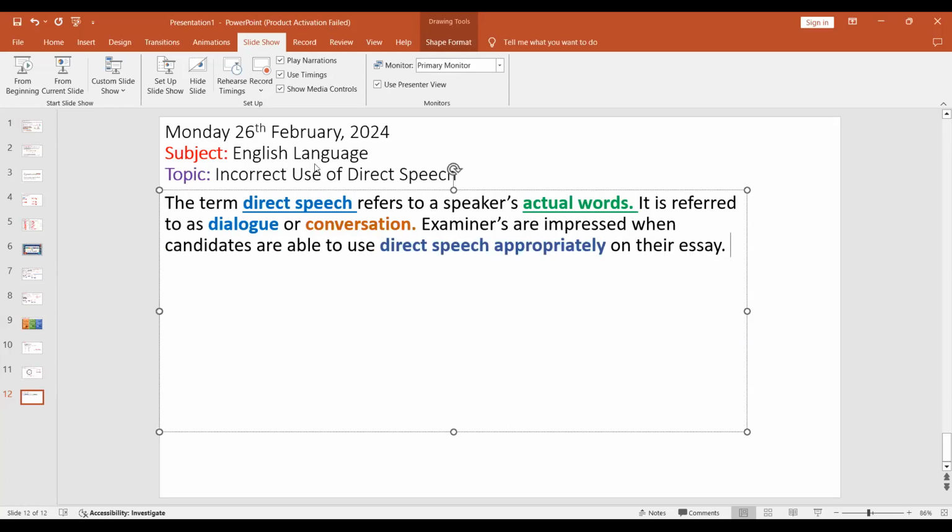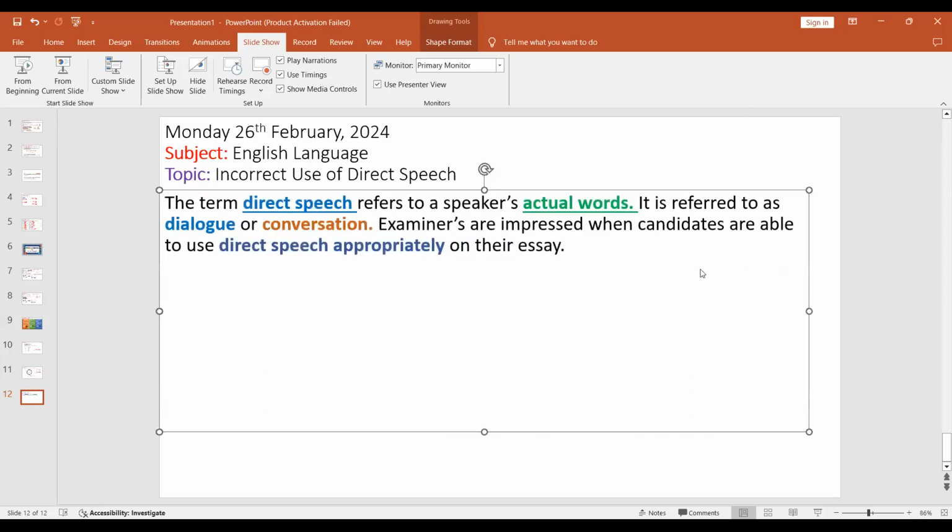Now, how do we actually put these dialogues properly inside of our essays? So the benefits of putting these dialogues in your essays: well-written direct speech. Make sure you write this down for me, please.